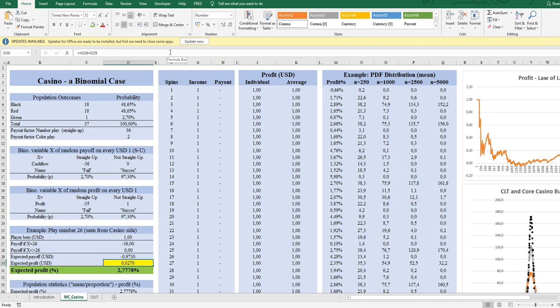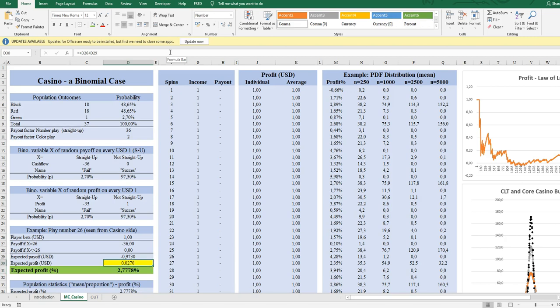The expected profit in dollars is simply $1 minus the expected payoff, and here we have the absolute golden number for the casino, 2.778, which is the expected profit in percentage.